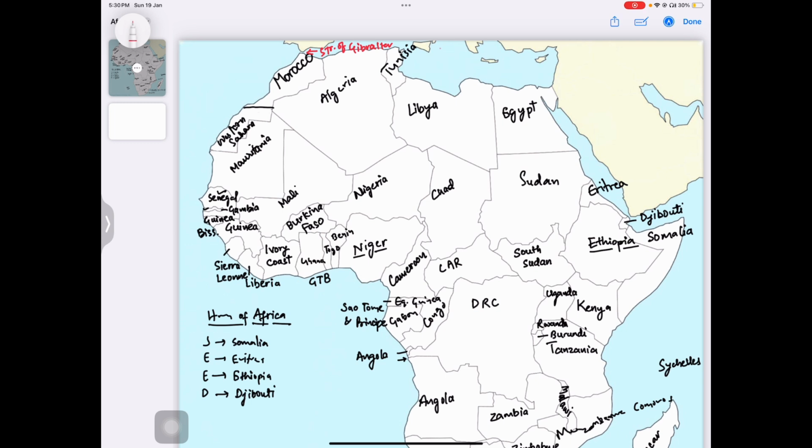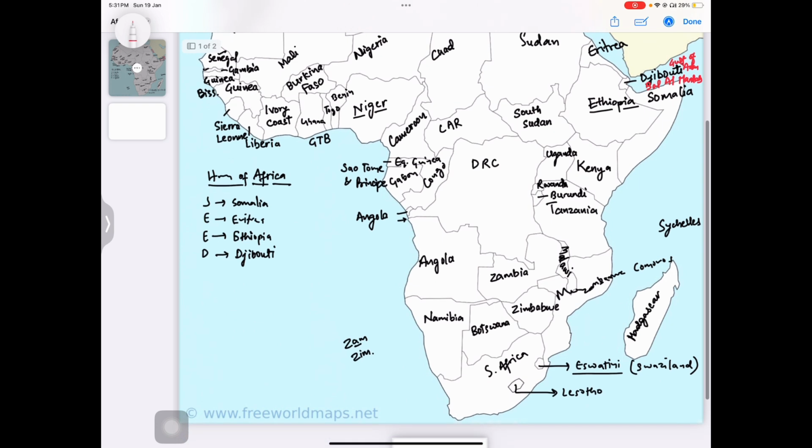This is Aegean Sea. This is in Europe. This is Red Sea. This is Gulf of Aden. And this is Bab al Mandab, something like that. I might not be really much sure about the way I pronounce these words.